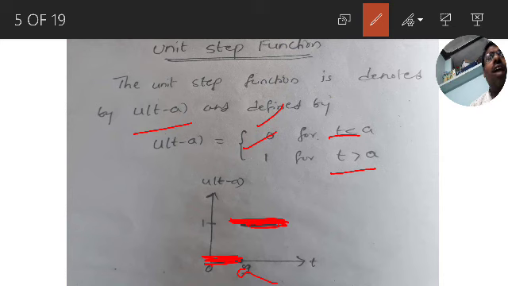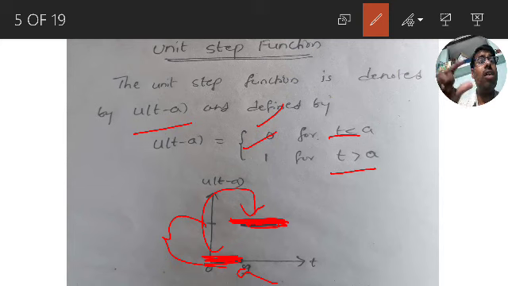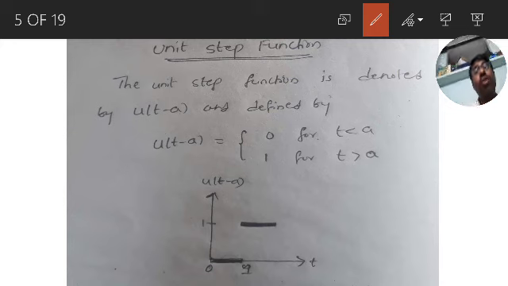So it looks like steps. And what is the distance? The distance is 1. That's why it is called unit step function. It is called unit because the distance is 1, and it looks like steps. If you take the graph, I am clearly giving the graph of the unit step function.